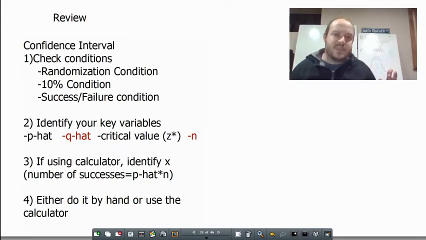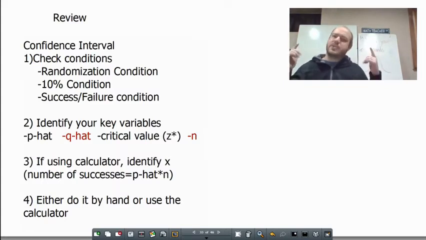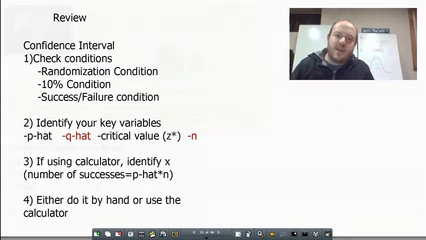I'm 95% confident that the true proportion is going to fall between this number and this number. But for the most part, you want to write it out as a sentence. You want to give some context back to the original question. We're working for an AP test here, and you know they don't want to see garbage answers. So put some thought into it, write up a sentence, give me a summary of what happened in the question and what you did. So with that said, let's go ahead and try to use all of these steps in an actual problem. We're moving right in.